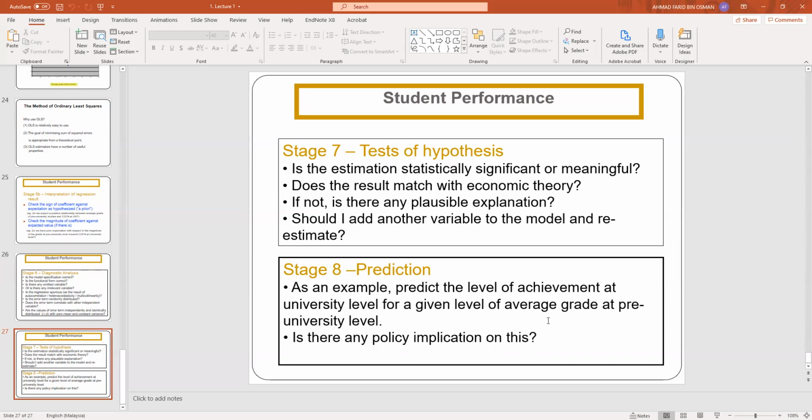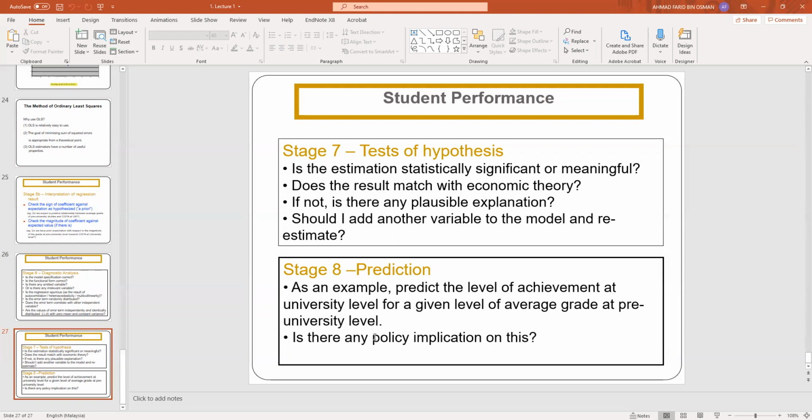So from that finding, you can come up with a policy implication, or a suggestion on how, for example, you can introduce an intervention measure in order to help those students, for example, to give more attention or special treatment to those students, so that they can get a better CGPA at university level, although based on prediction, we predict them to achieve lower than 3 GPA.